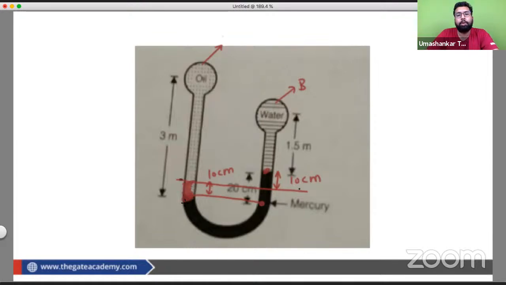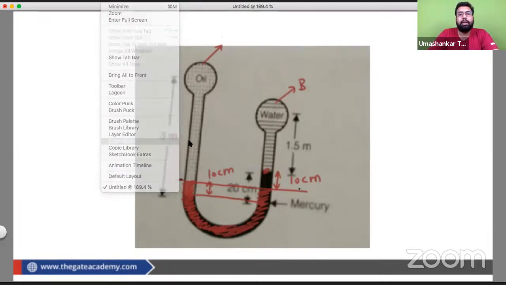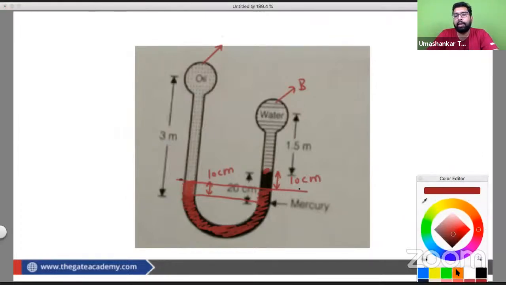Let's suppose this is your mercury now. This is your new level of mercury. It should be like this. Now we do not have mercury here. No more mercury in this region. Though there is no more mercury in the region, I am marking it in yellow.